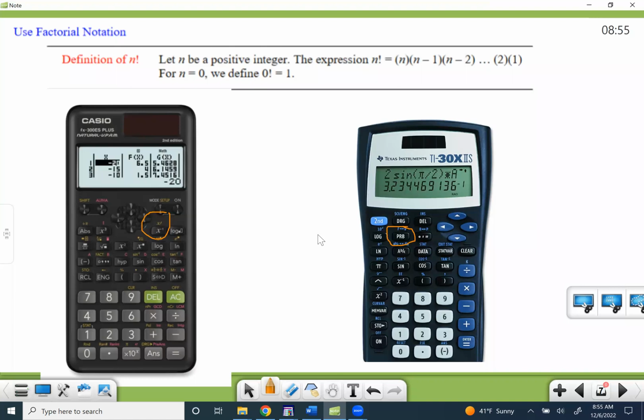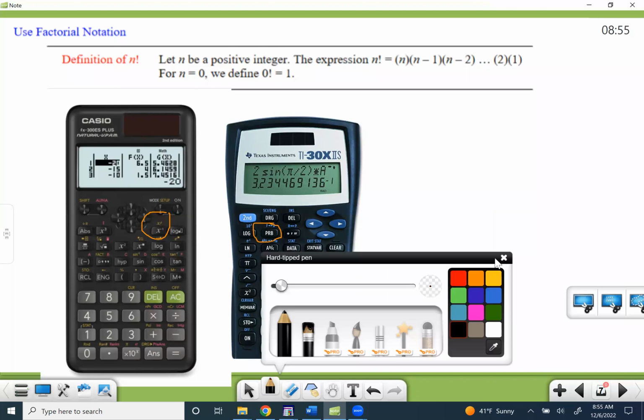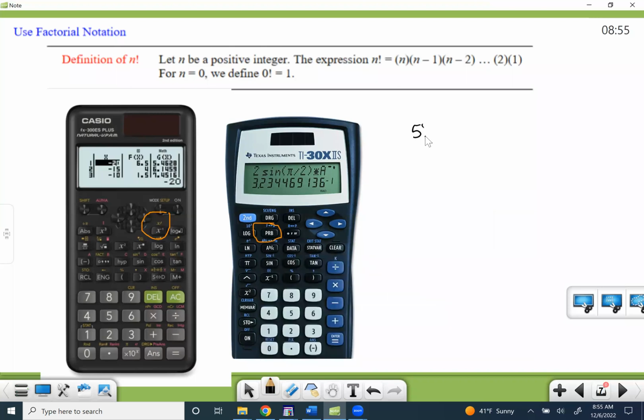So this little exclamation point, we don't call it that, right? We call it a factorial. What the factorial does is, let's say I have 5 factorial.